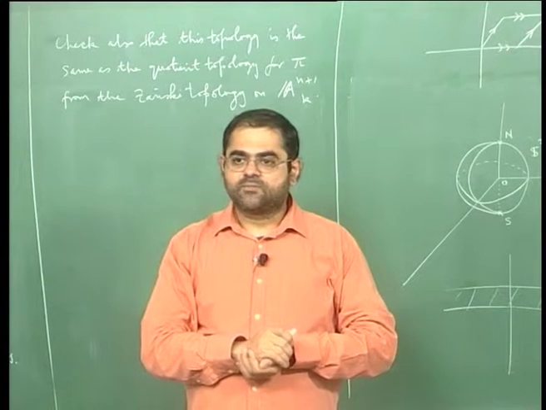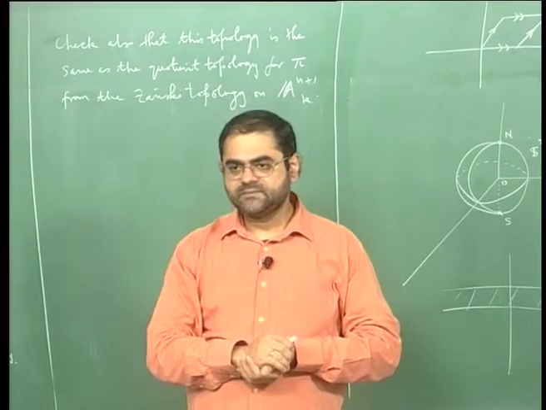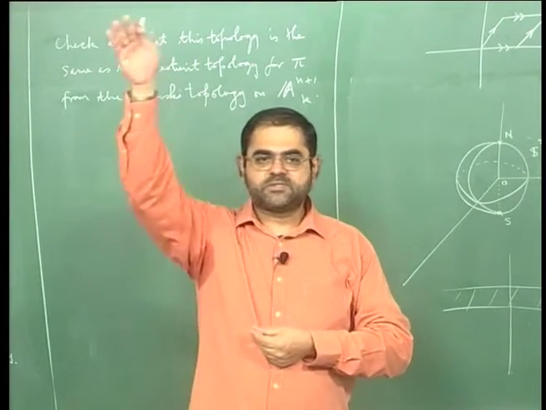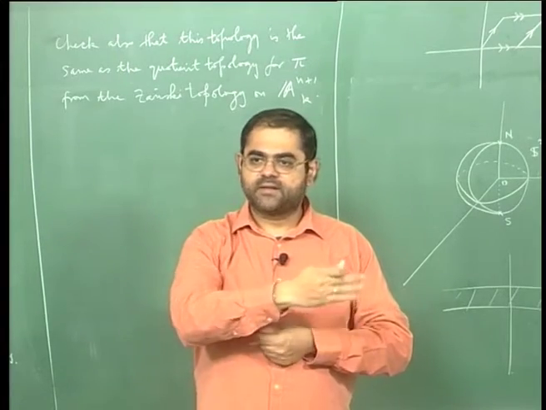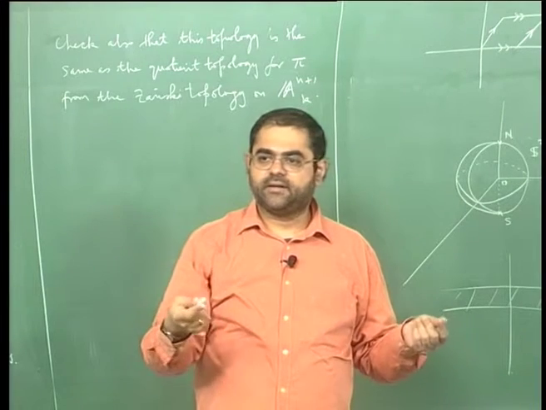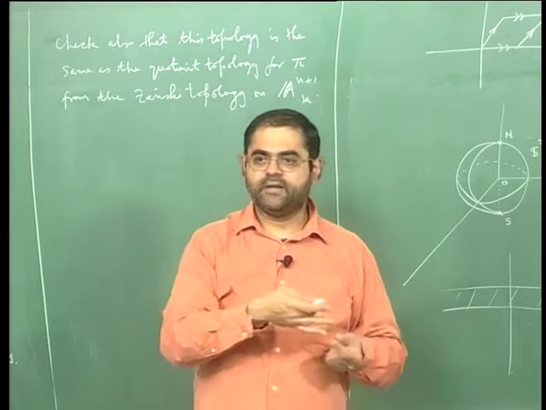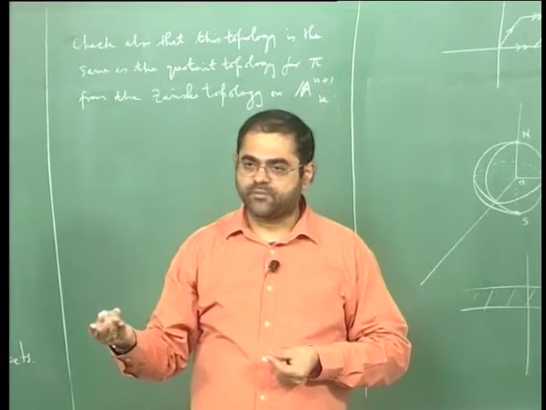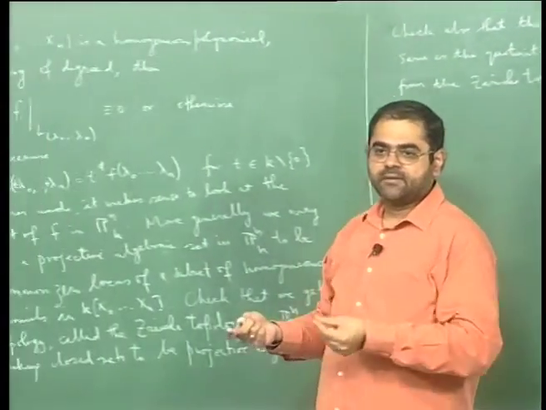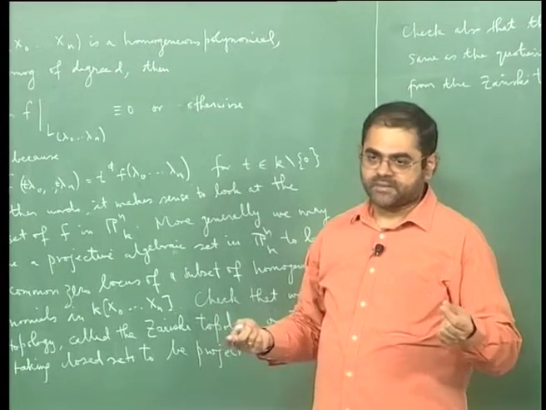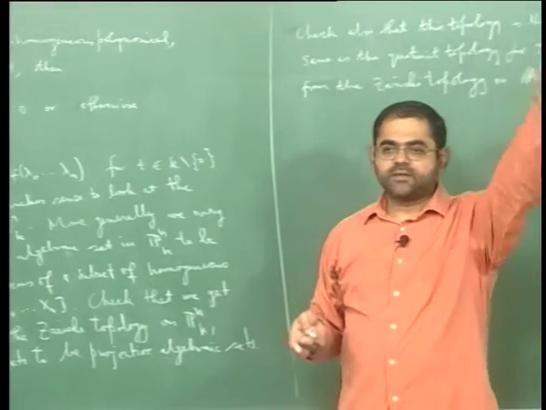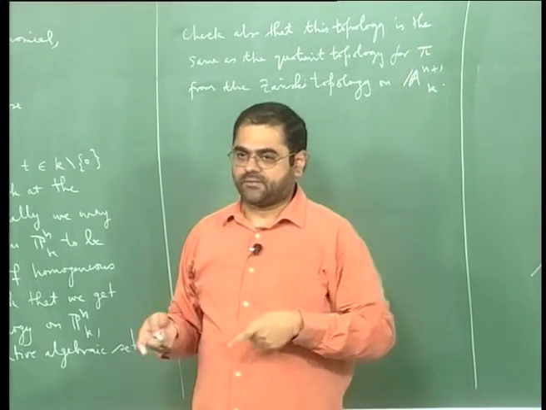If you take a non-homogeneous polynomial and take its 0 set, that 0 set will be a hypersurface, which will be n dimensional in n plus 1 space, and that hypersurface need not contain the line. So it could hit the line at some points and not hit the line at others. But if you have a homogeneous polynomial, it either completely vanishes on the line or it vanishes at no point on the line.